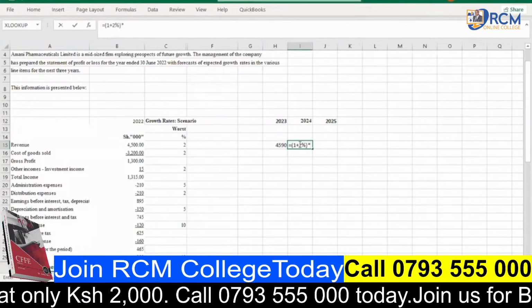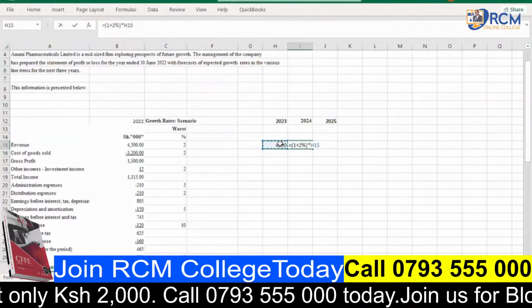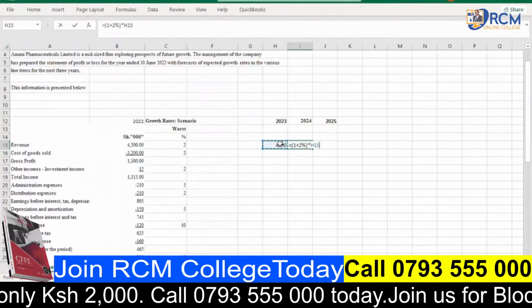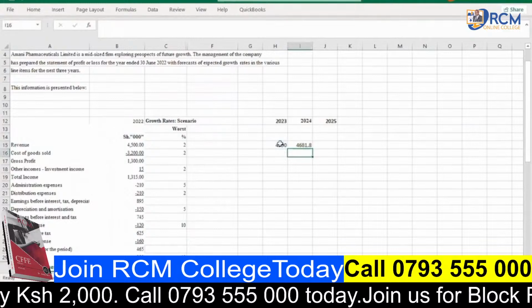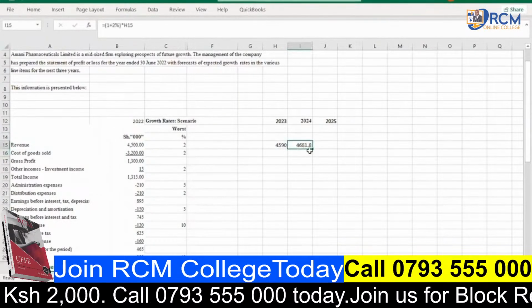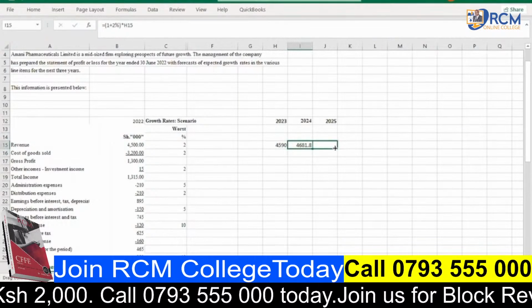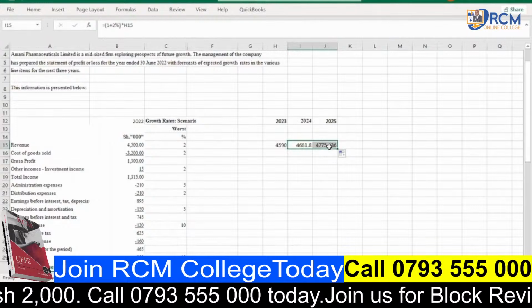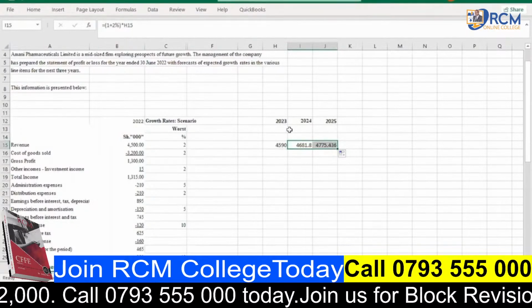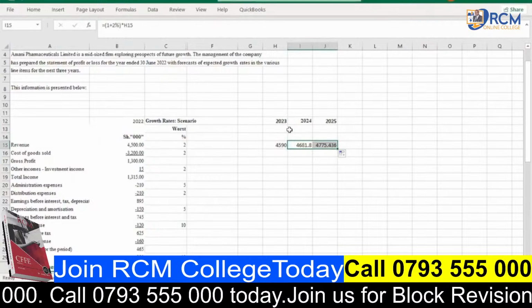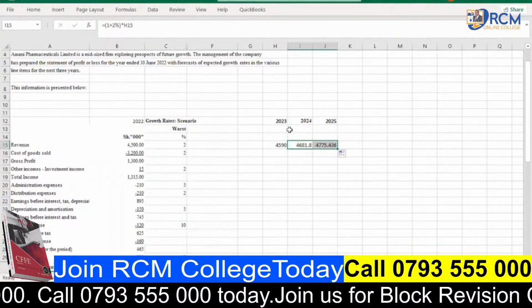Then I multiply by the revenue of the previous year, which now is 2023. Enter, and then you can now autofill to get the revenue for 2023, 2024, and 2025. It will be better to convert to 0.02 to avoid extra work.